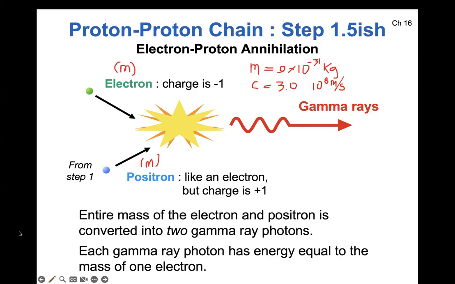Let's write our E equals mc squared equation, because that's going to tell us how much energy the gamma rays have. Again, there have to be two gamma rays because momentum has to be conserved, but essentially we're just finding all the energy that's being converted to light. When these two particles smash together, all the mass goes away. We have some really bright light.